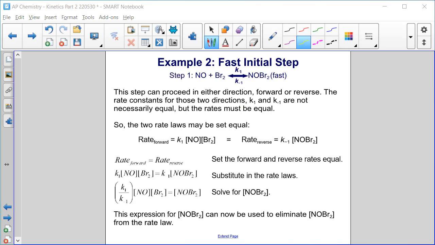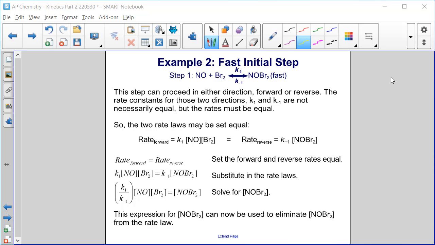So here's that first step that includes the intermediate. This step can proceed in either direction, forward or reverse. The rate constants for those two directions, K1 and K minus 1, are not necessarily equal, but the rates must be equal. So the two rate laws may be set equal.